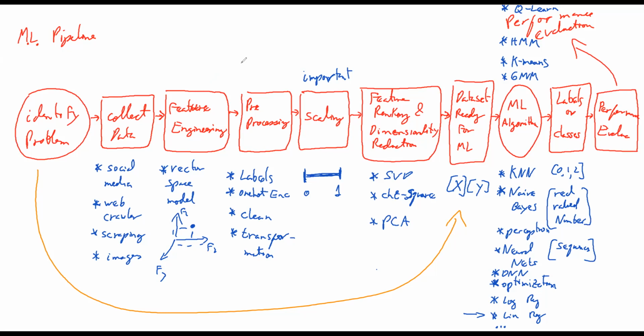And then finally, in performance evaluation, you'll hear me talk about the standard performance metrics: accuracy, precision, recall, the F measure, the ROC curve that we will cover this semester, and the confusion matrix.